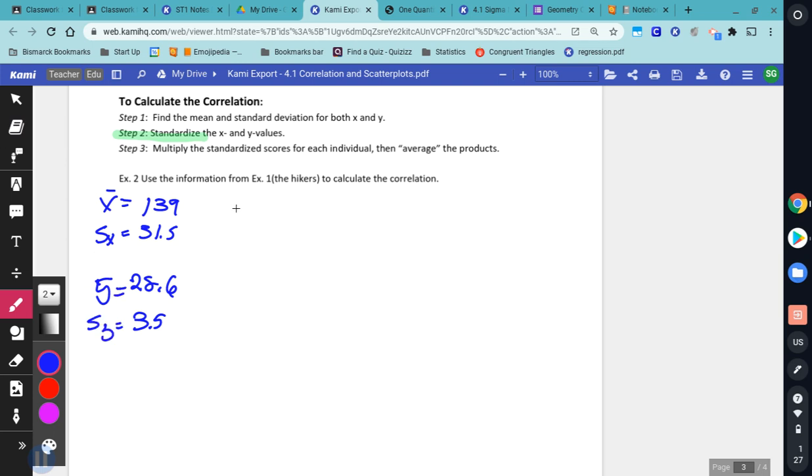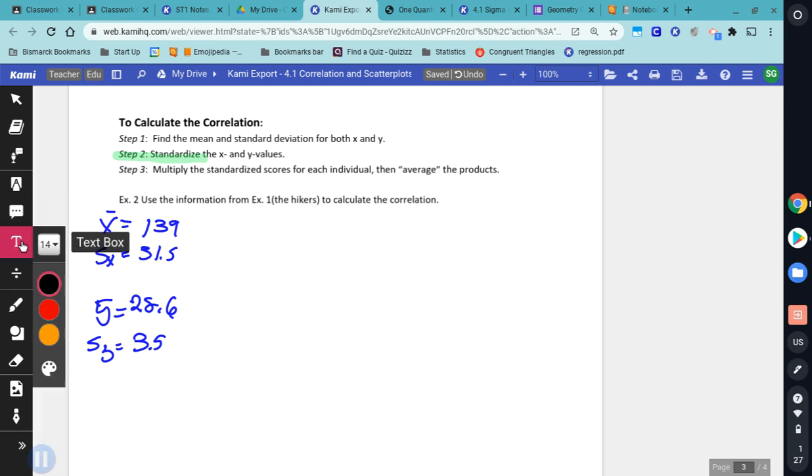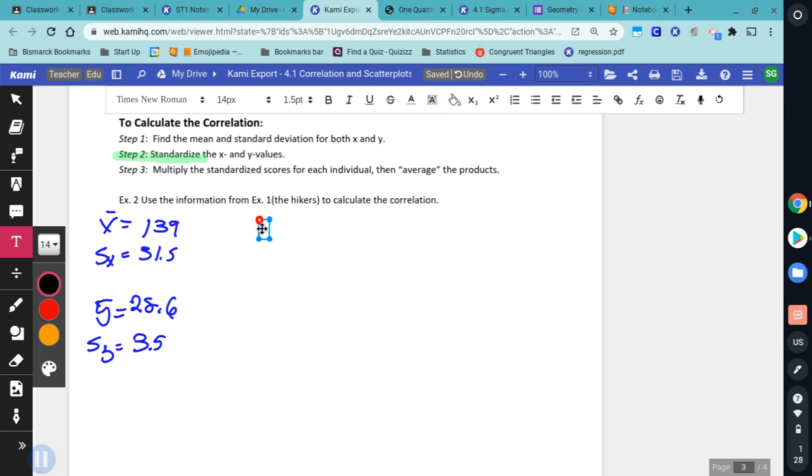Okay, so now we're going to standardize each of those values. So I'm going to take the x value, subtract, so we got x's, we got y's, subtract the mean, so it would be 120 minus 139 divided by 31.5. 120 minus 139 equals divided by 31.5.